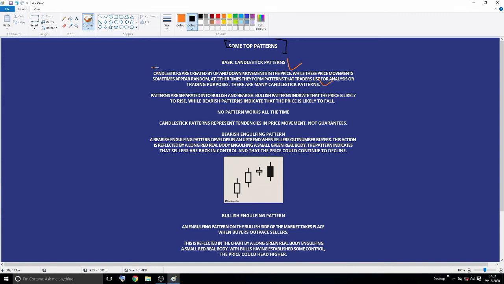Candlesticks just move high and low, but usually they form identifiable patterns that you can recognize. If you study the market, you will see that it keeps on showing you the same pattern, and you can use that to your advantage.